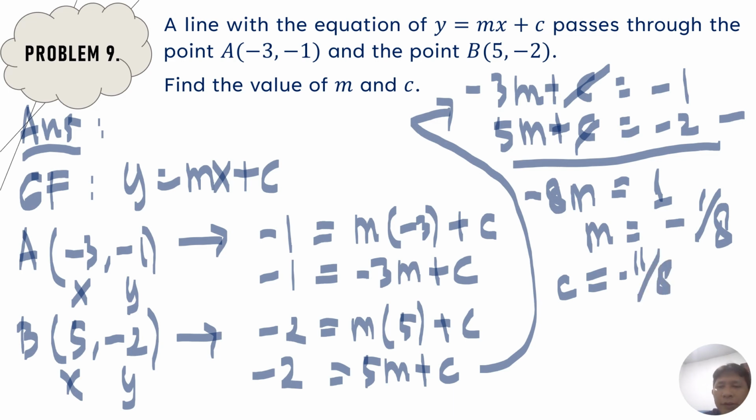So this is the answer. Okay, if you want to construct the equation of the straight line, you're going to write it down like this: y equals minus 1 over 8 x minus 11 over 8.